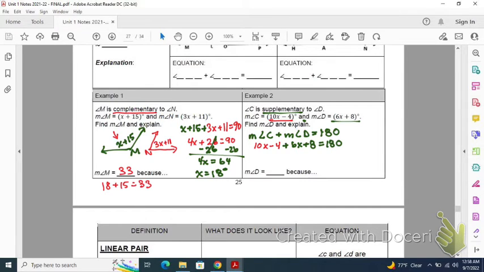Combine like terms as your first step. 16x plus 4 equals 180. Subtract 4 from both sides, you're going to get 16x is equal to 176. And then when you divide both sides by 16, you're going to get 11. So x is equal to 11. So it's just basic algebra we've been doing with segments. Now we're just applying it to angles.